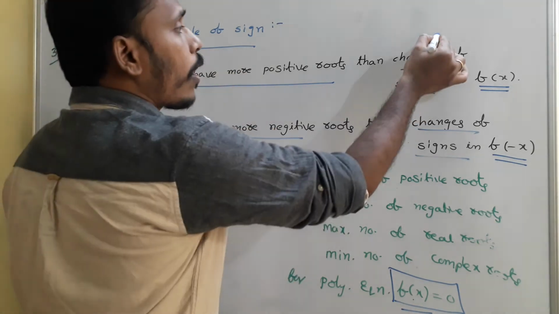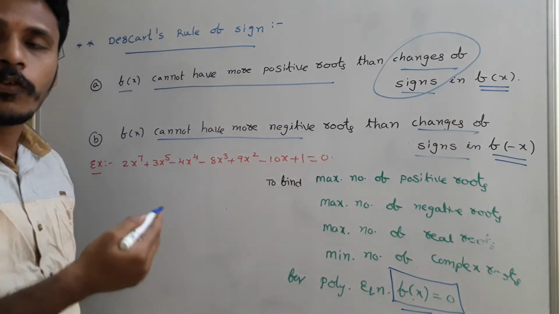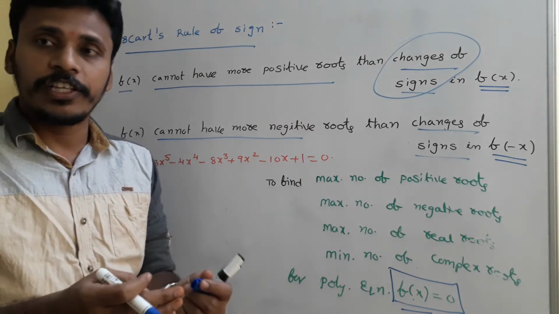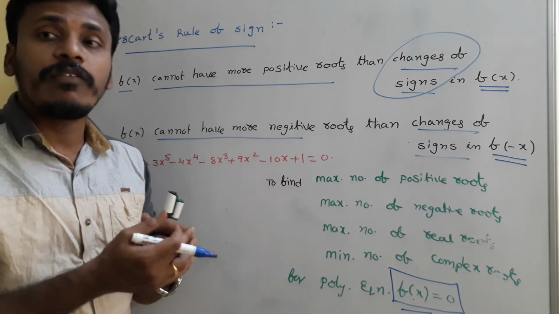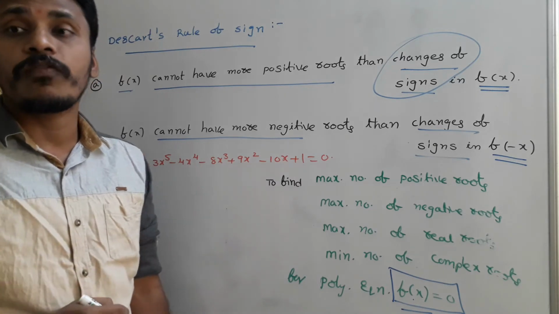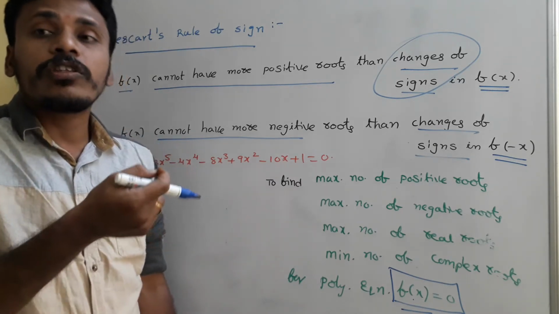Here one thing you need to understand: changes of sign. What is meant by changes of sign? Changes of sign is simply positive to negative, sign is changing, or negative to positive, sign is changing. Where do we need to observe the changes of sign? Just look at the coefficients of the polynomial equation and observe the sign changes.